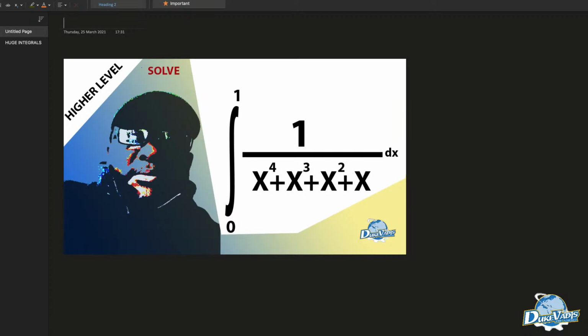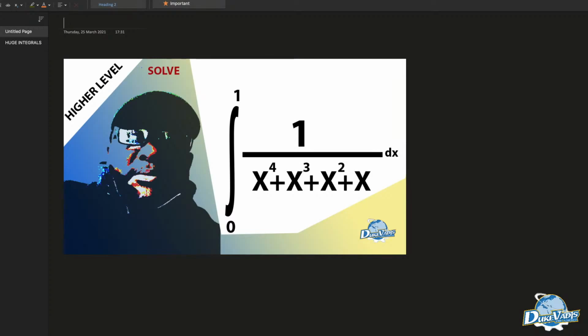When we see such an integral expression, we can see the denominator carries a lot of exponents, so we say this is more polynomial kind of.